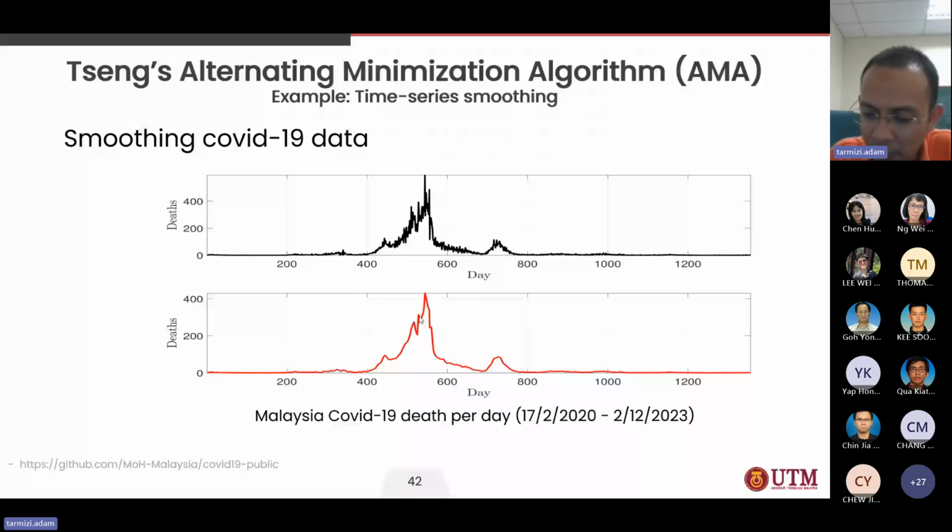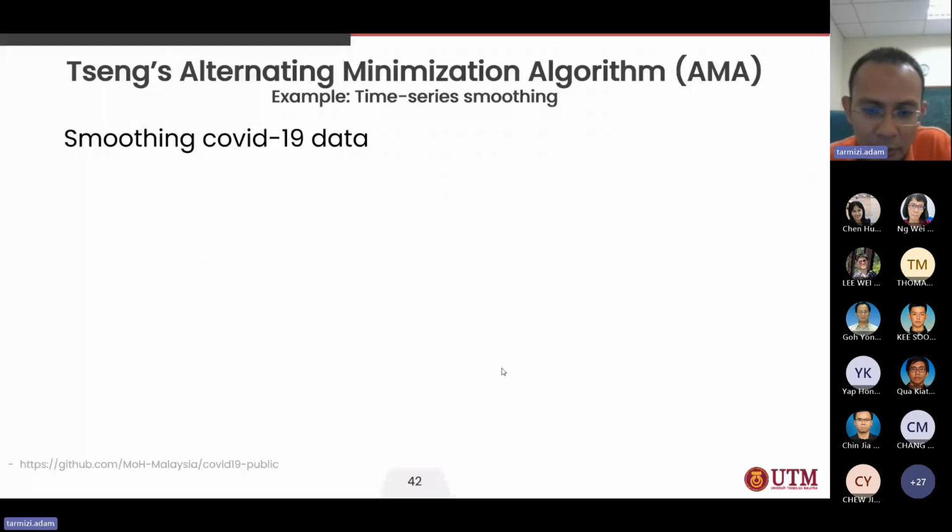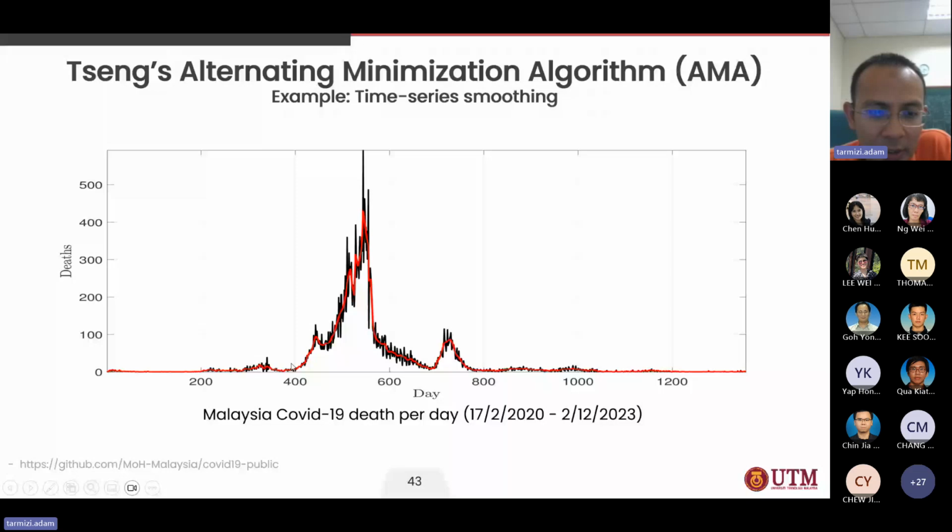I'll give you the codes for playing around with the experiments that we have in the slides. This one is just overlaying. These are the number of deaths per day, and this is the date.